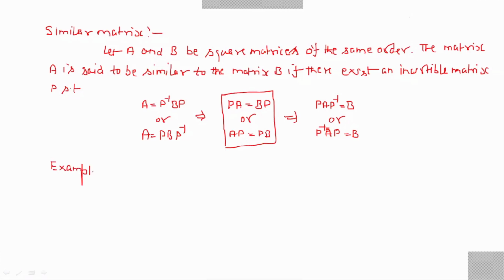There should exist an invertible matrix P such that PA is equal to BP or AP is equal to PB. Now examine whether A is similar to B or not.